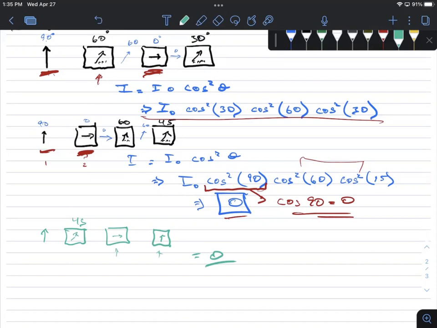So even though the original light that goes through the first filter is now at 45, that's fine. This step is the step that blocks everything. Going from purely horizontal to purely vertical in one step automatically blocks. So it works if your first step is like that, and it works for any steps that are like that, as long as what we're saying is perpendicular with nothing in between.